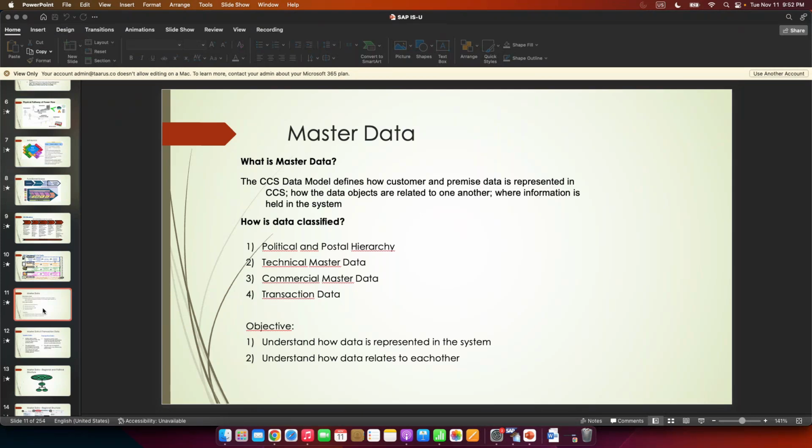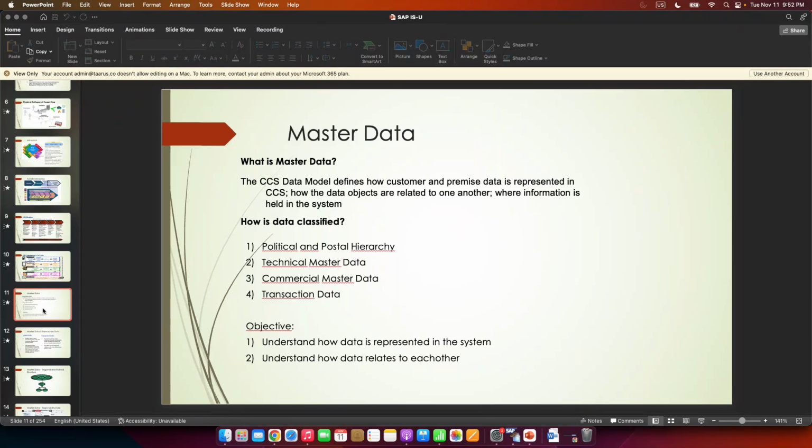Next is billing and invoicing. You'll have to create the bill documents and invoicing documents, print the invoice documents, send the PDF or send a paper bill out the door. All those are daily activities, which is again transactional data.